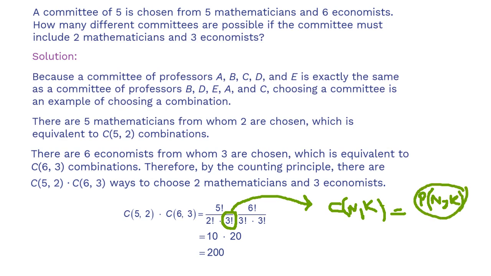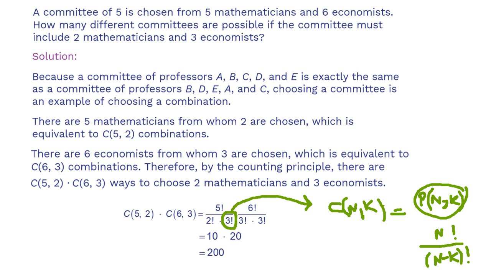And how do we do this? Well, that's n factorial divided by n minus k factorial.